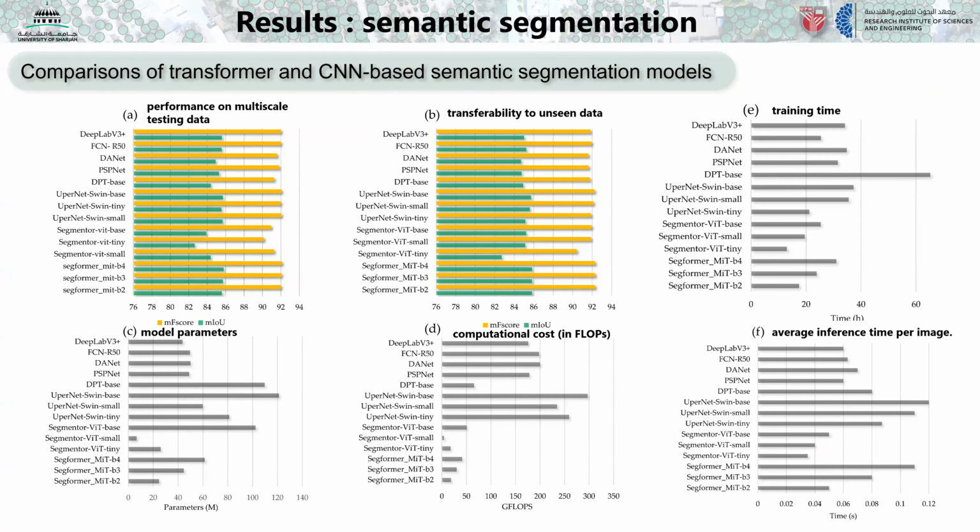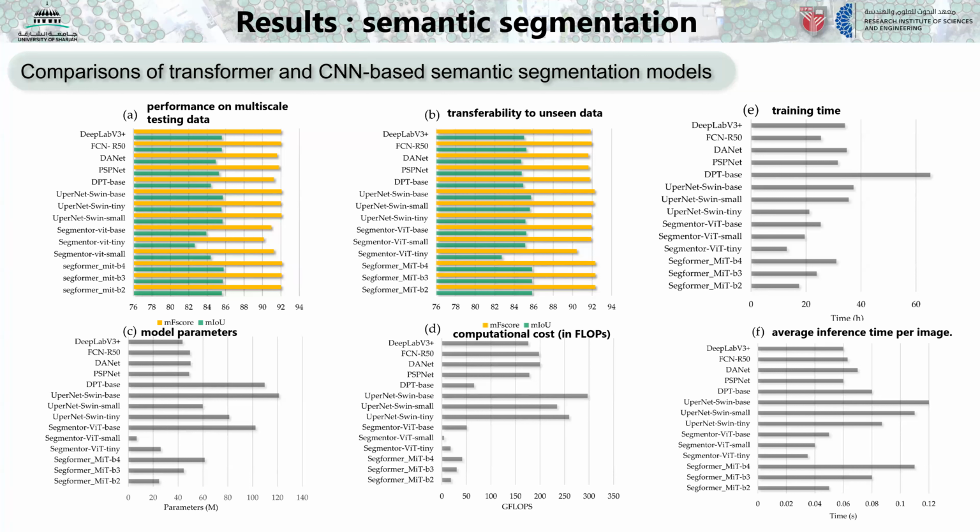When comparing vision transformers and convolutional neural networks, accuracy is not the only measure used to evaluate these models. We also have to consider the model parameters, the computational cost, and the training and inference time, of course. SegFormer and UperNet Swin Transformer produced high accuracy on both the multiscale UAV dataset and also independent datasets.